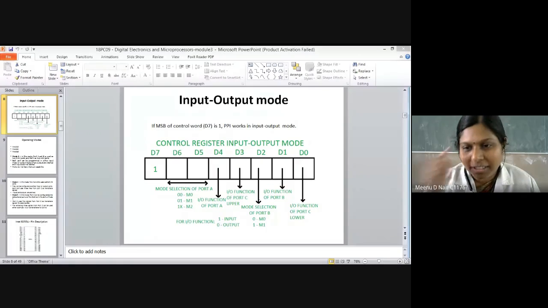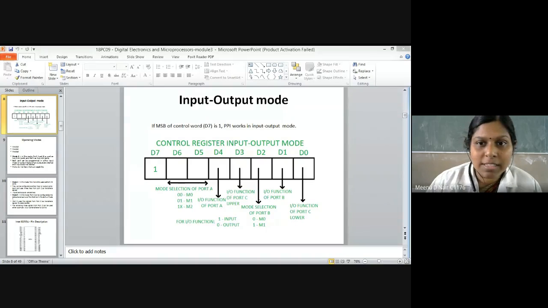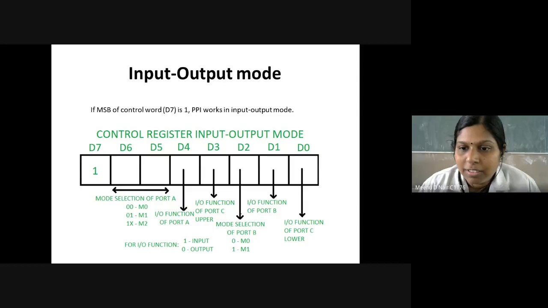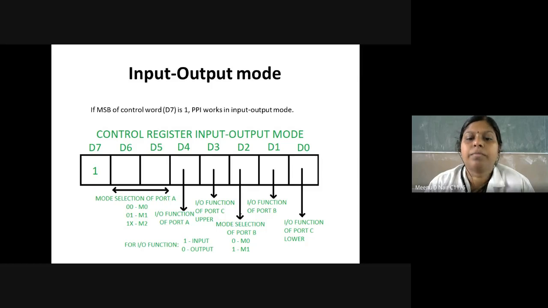If in the question paper it is an essay question, you must draw the control word, or else you may get a 2-mark question asking you to write the control word of BSR mode of operation. Shall we proceed?